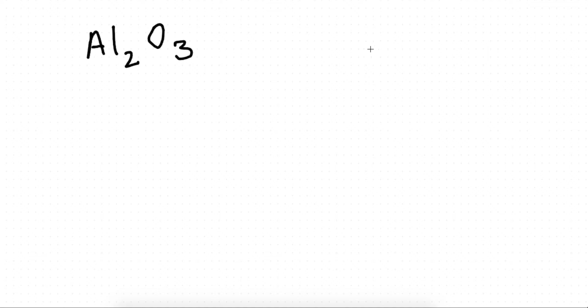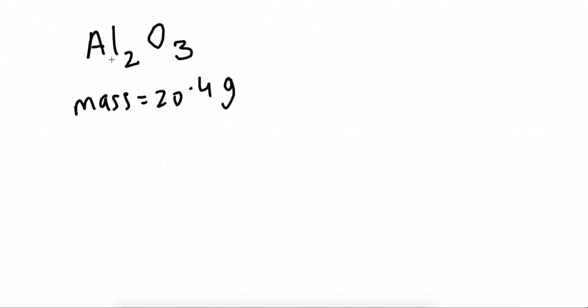So remember, Avogadro constant, number of moles to find the number of particles times Avogadro constant. But we need the number of moles. Now we have the mass of aluminium oxide. Mass equals 20.4 grams.